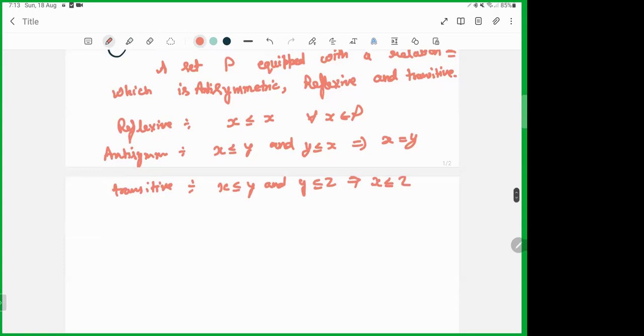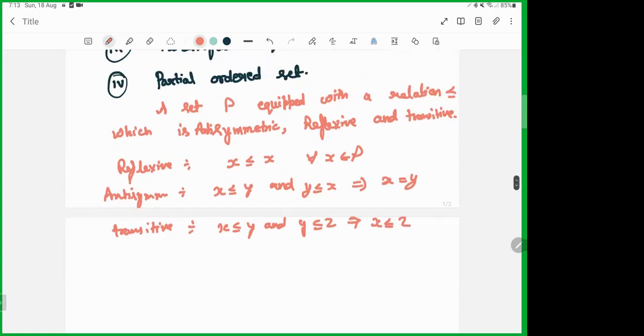These are some definitions. Any two elements are said to be comparable if x is less than y or y is less than x. A maximal chain is a sub-poset of a given set in which all the elements are comparable.